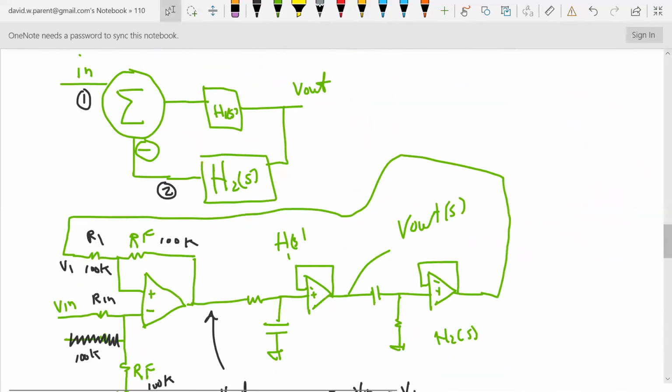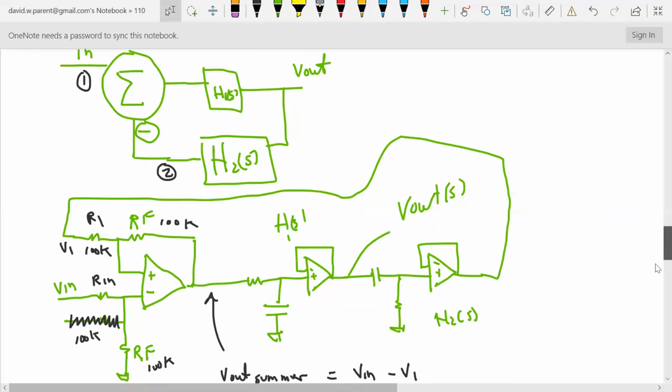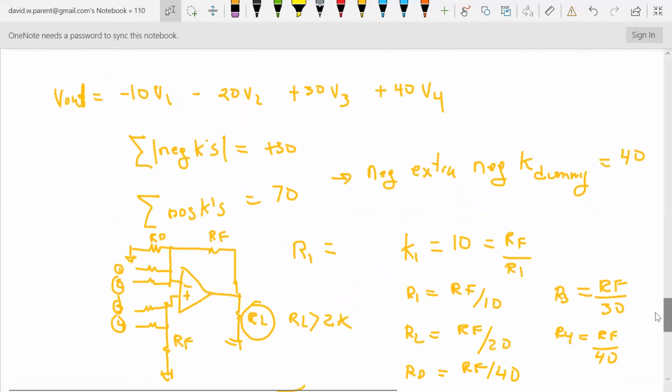But when this feeds back, its load happens to be R1. Now we're going to use these in feedback. So if I have an op-amp driving this node, the actual load is going to be this in series with this and this in parallel.